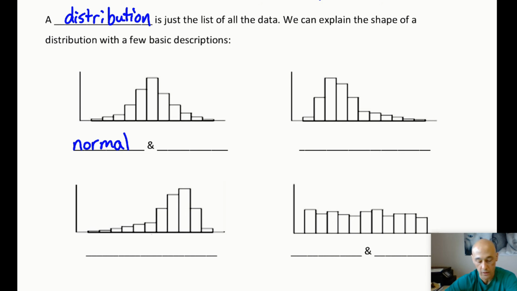It's a normal distribution. The other thing that we can say is if we put a line down the middle right here, the data on this side looks pretty much like the data on that side, except reflected. So we can say that that data is symmetric.